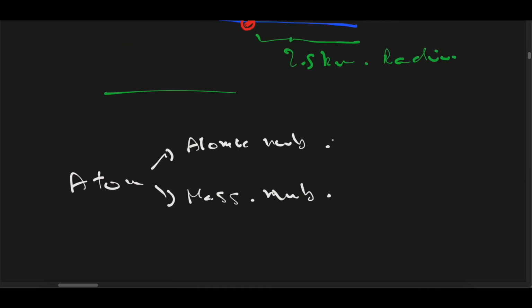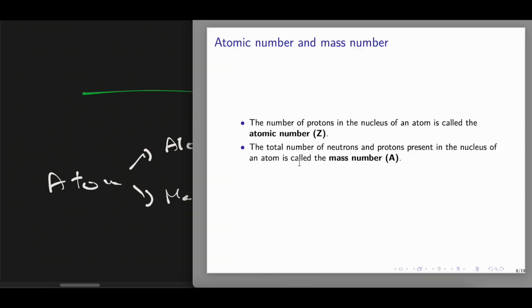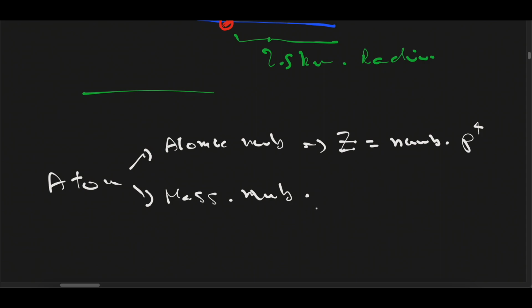So the atomic number is symbolized by the letter Z, which represents the number of protons in the nucleus, and the mass number represents the number of neutrons and protons that are found within the nucleus of the atom.